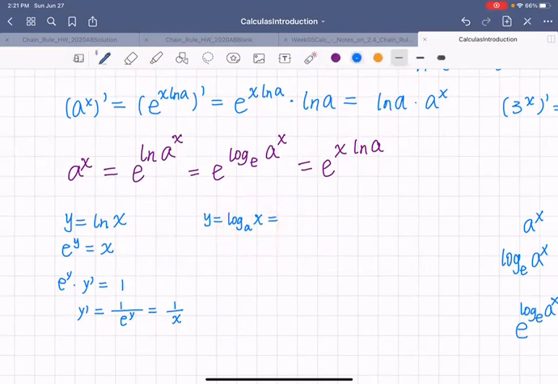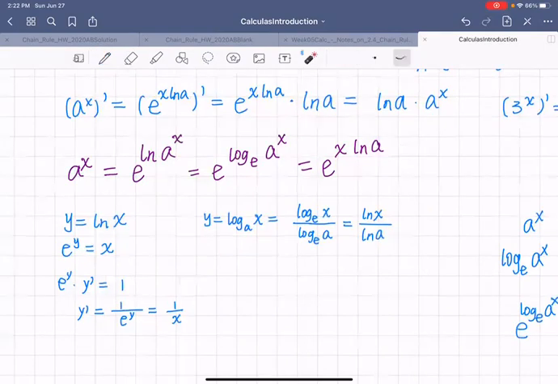Isn't it log x over log a? You do ln x over ln a, okay? Or you say log base e of x over log base e of a, which is ln x over ln a.